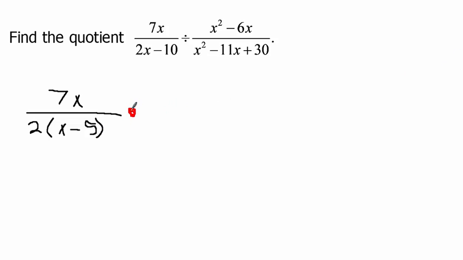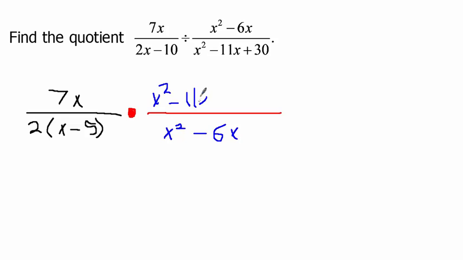Dot, change to multiplication. And now when I flip this fraction, the numerator now goes to the denominator. So I'm going to have x squared minus 6x. I am going to have to factor something out of that. And in the top I'm going to have what was the denominator.